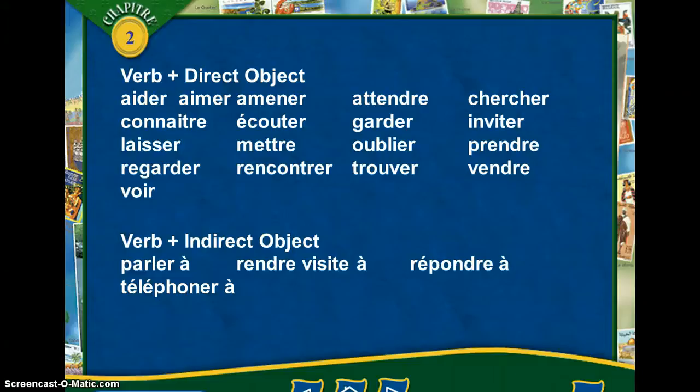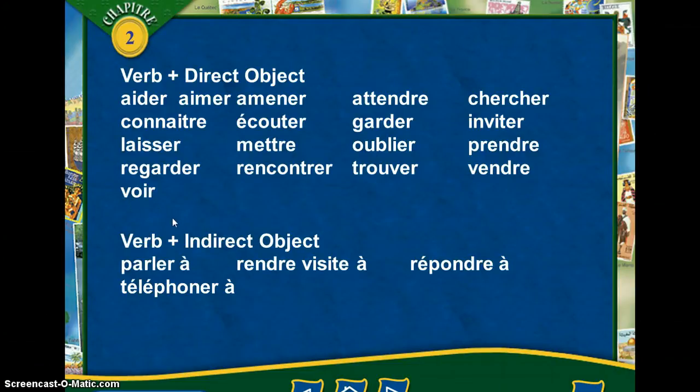So a direct object, if you think about it, all of these verbs right here, aider, aimer, amener, etc., to wait for someone, even though we say for, it's not in French. We don't use that in French. To watch someone, to invite someone, or something, okay, to forget something or someone. These are the words that we are going to use, those direct objects.